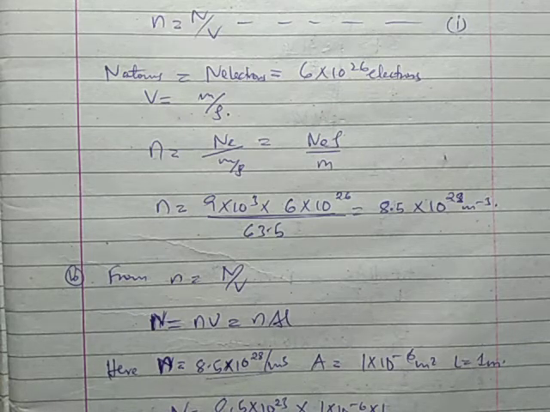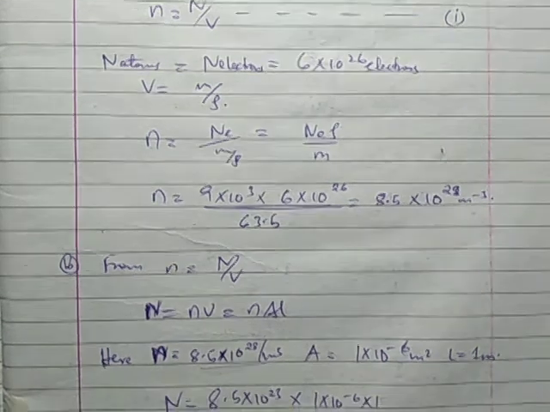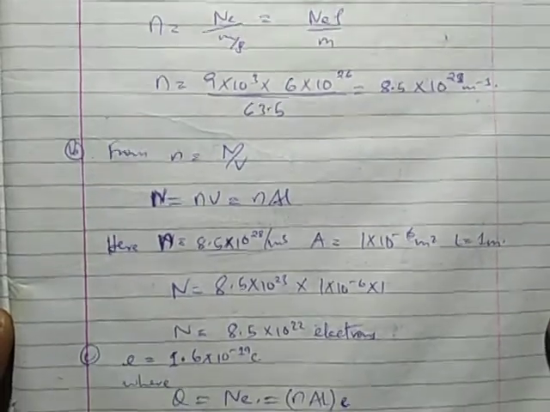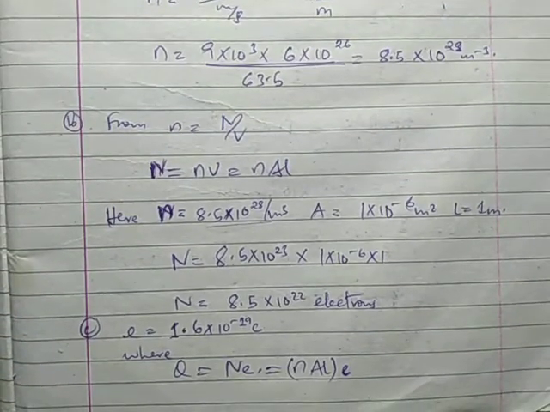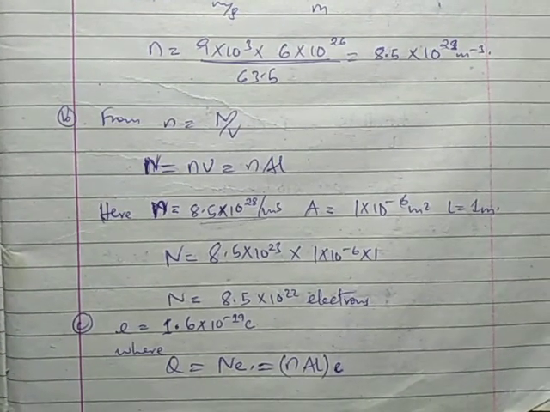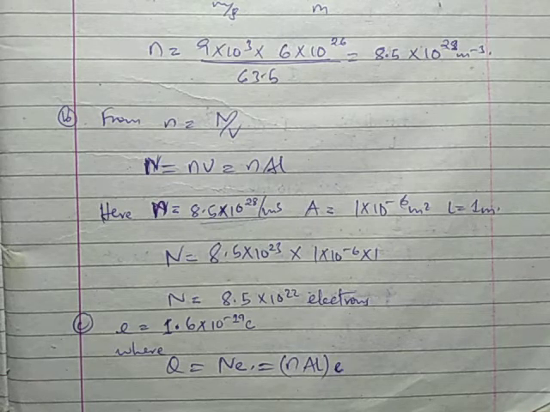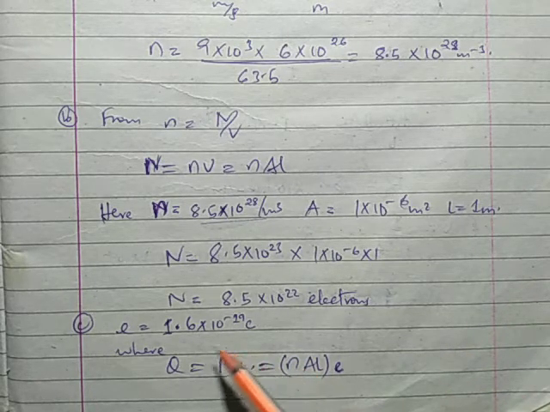So kwa mfano tumepewa volume ile pale, ambayo volume ni huyu mara huyu, yaani area times length. So finally utapata number of electrons ni huyu hapa, ambaye tukitaka kutafuta charge hapo tutapata tu ni huyu n tuliyempata times electronic charge. Very easy hapo.